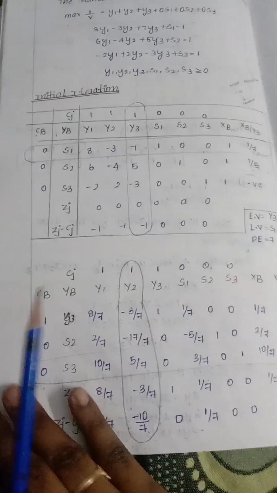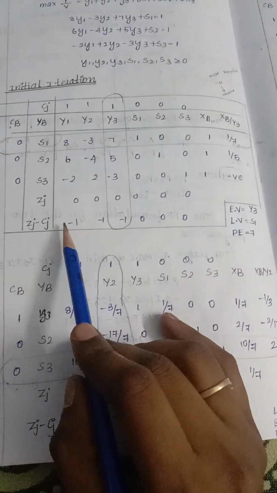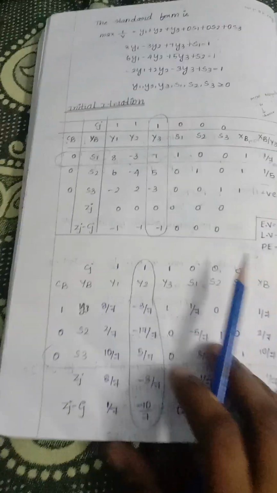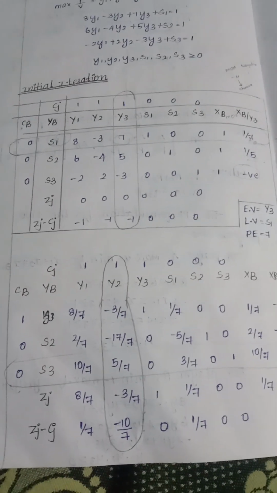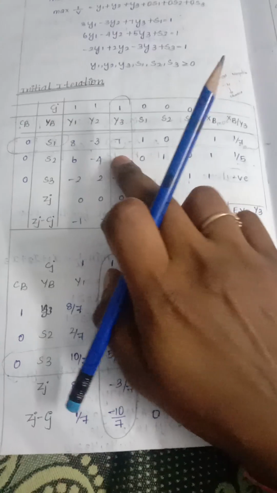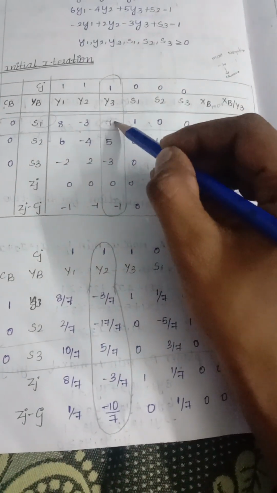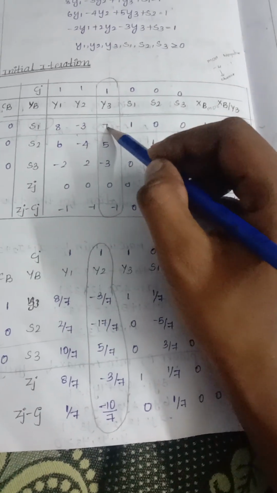Then we have to frame the equation without the negative terms. Here there are negative terms, so we have to replace them. We have chosen the pivot column, and this is 7. So this will be turned into 1.